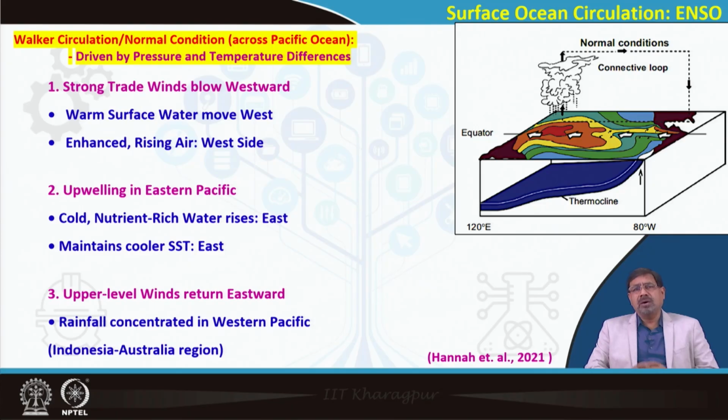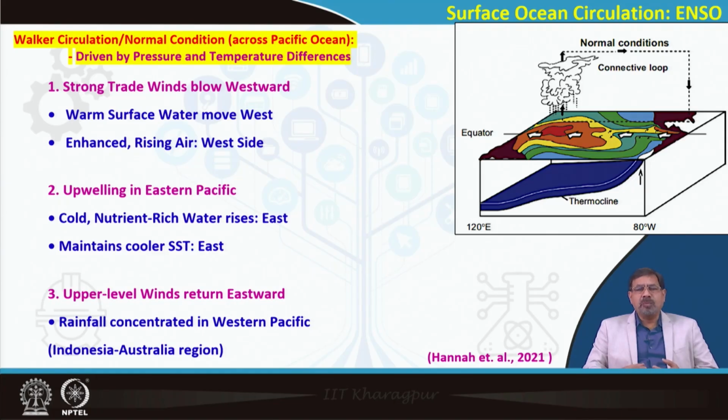So, upwelling in the eastern Pacific, and the upper level winds return eastward. The first one, strong trade winds blow westward, that means the warm surface water moves in the westward direction, which leads to enhanced rising air on the western side.